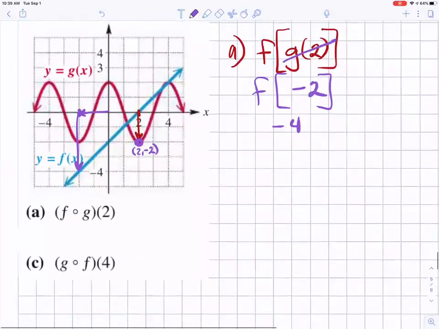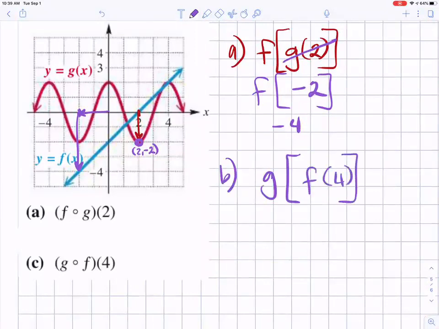Let's do part B. G of F of 4. Let's get rid of all this junk. All right, Justin, what X value am I focused on? 4, okay, so the X value of 4 is right here, right? And I want F of 4.